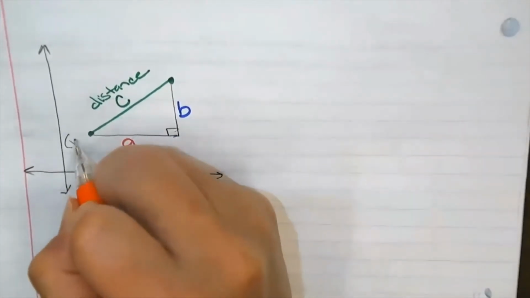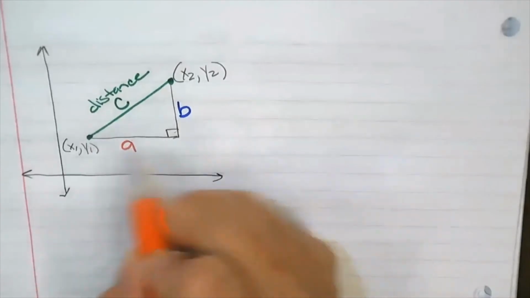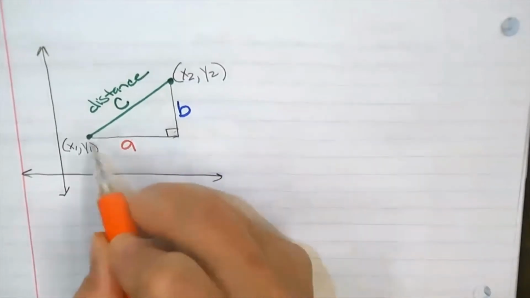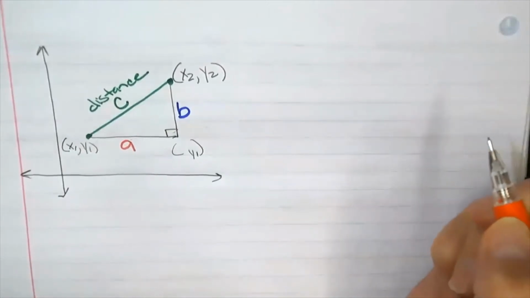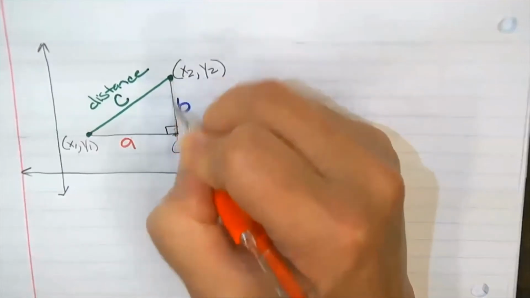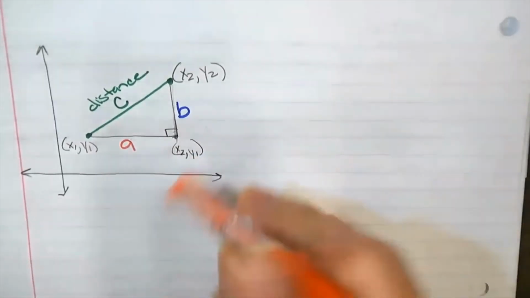So this point is x1, y1, and this point is x2, y2. Now, if we take a look, this point here is the same exact y as this point. It's y1. And this point here also is the same exact x as x2. So this point is x2, y1.